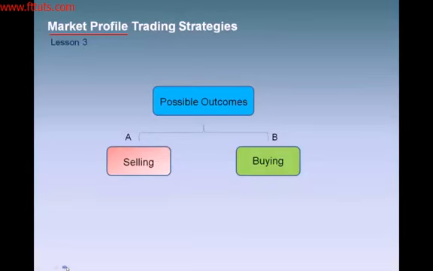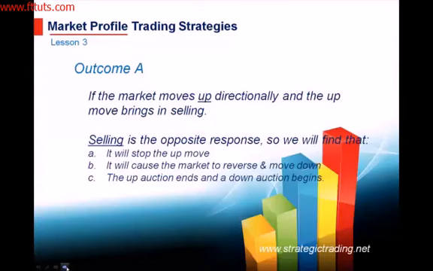Let's begin with a positive or a directional move to the upside and begin to analyze that together. All right, so prices have started to move up directionally. And the first outcome I'm looking at is what happens when I move up directionally, prices are starting to increase, and I encounter selling.